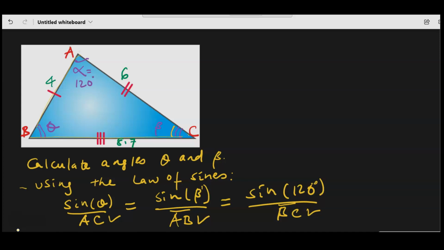So sine theta divided by AC must be equal to sine beta divided by AB, which is equal to sine 120 degree divided by BC. So that means sine theta divided by AC must be equal to sine 120 degree divided by BC.